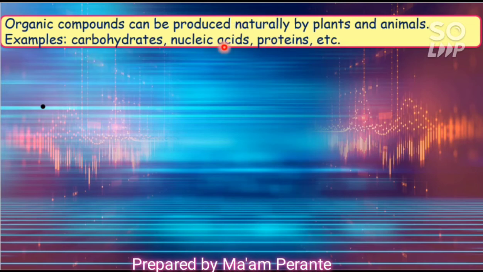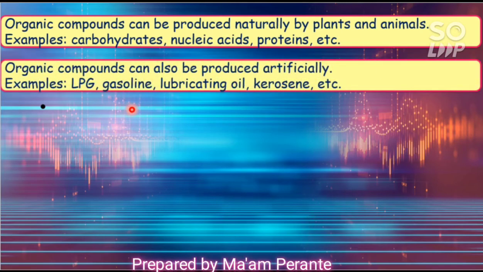But aside from that, organic compounds can also be produced artificially by man or by human beings. Examples are liquefied petroleum gas or LPG, gasoline, lubricating oil, kerosene, and many more. Because of the new trend in technology and the intelligence of people, they can now produce organic compounds. These are what we call artificial organic compounds because they are only produced by humankind. Okay?